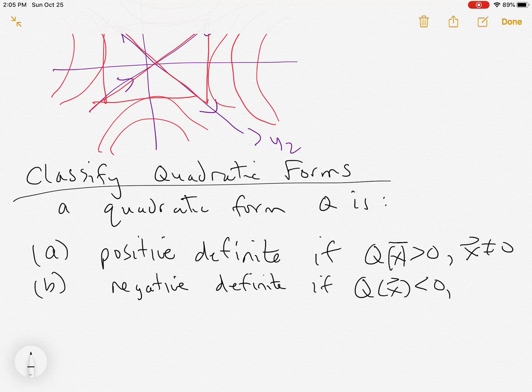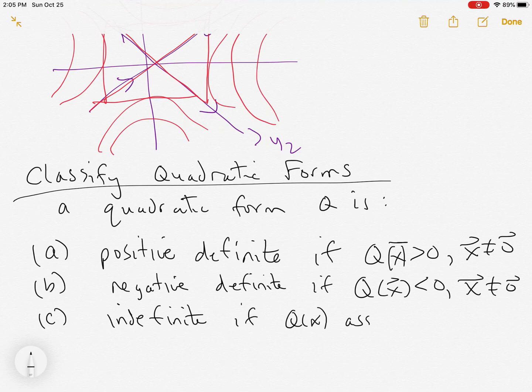It's negative definite if it's less than 0 for all non-zero x. And it's indefinite if Q assumes both positive and negative values. Right?